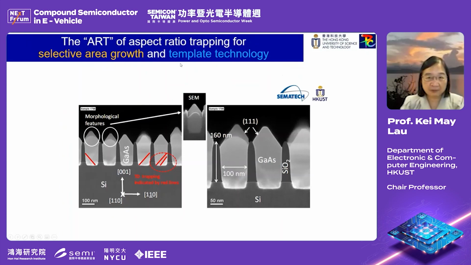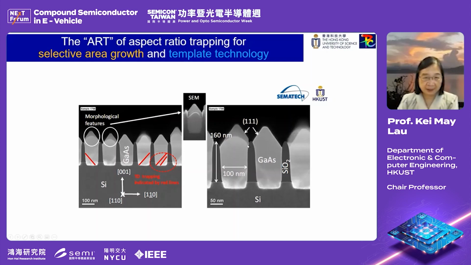And one technology that we chose that we think is very promising is called aspect ratio trapping. And this involves selective area growth. You can do selective epi, or you can use it to create some template. And the idea is if you make these trenches small enough, then because of the aspect ratio, the height and the bottom, the defects generated at the heteroepitaxy will be confined at the interface.